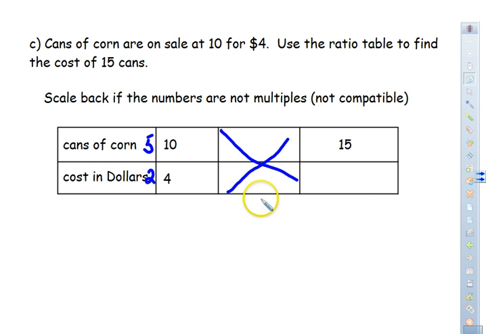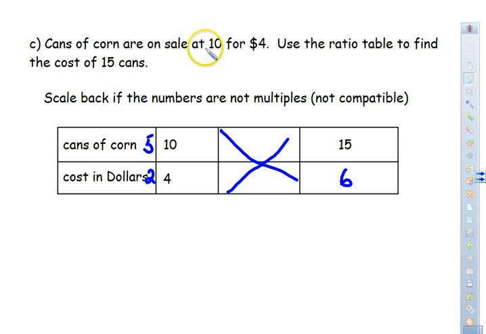So that's why we put some extra boxes in here, not necessarily to confuse you, but to help you realize that you're just plugging some numbers in and trying to make them all work together. So they gave you 10, so if we scale back and say, well, 5, now we're going to count by 5s. So we've got 5, 10, now it's 15. So then it's 2, 4, and now it's going to be 6.